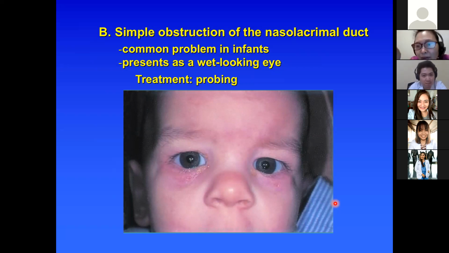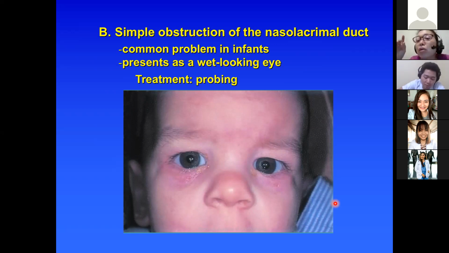In 80% of infants, the valve of Hasner is not yet open. So, most often babies have tearing. But eventually it will open. It is pathologic if the valve of Hasner won't open until the age of 6 months old.